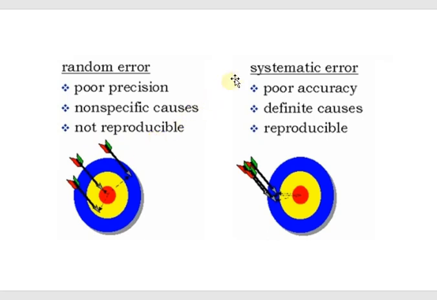Not reproducible. And in the systematic error, poor accuracy, but they are precise. Although they are not accurate, they are precise. When these three arrows are over there, then it is accurate. So they are precise as they are close to each other. It has a definite cause, maybe the malfunctioning of the instrument, and it is reproducible.